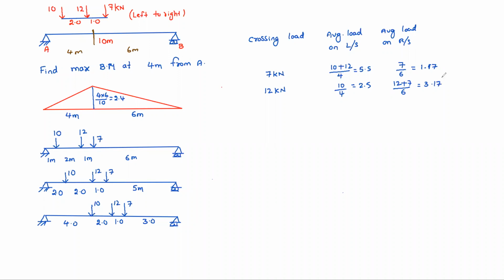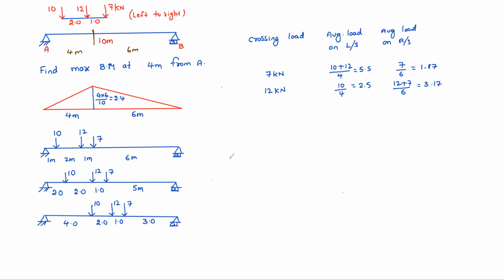See here, in the first case, left side average load is more. After passing 12 kilonewtons, right side average load is more. That means 12 is deciding. So we need to keep 12 kilonewtons at the required section.